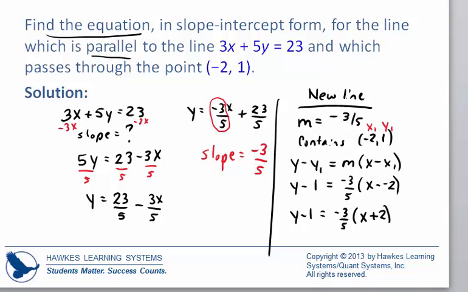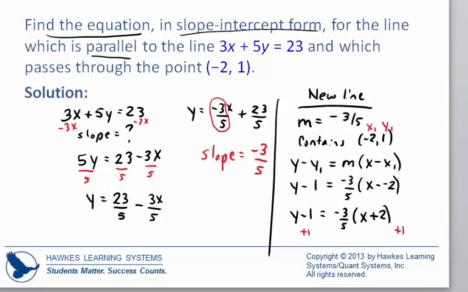Now, we're done, except that we don't have the equation in the right format. So the problem asked me to put it in slope-intercept form, which means that I need to solve it for y and simplify. So I'm going to go ahead and add this 1 to both sides.